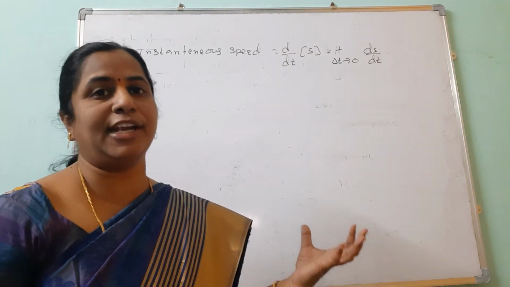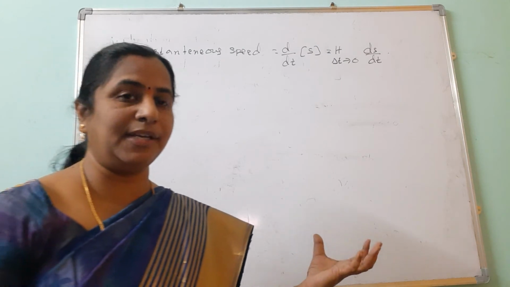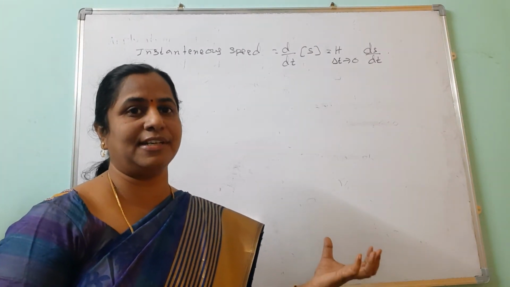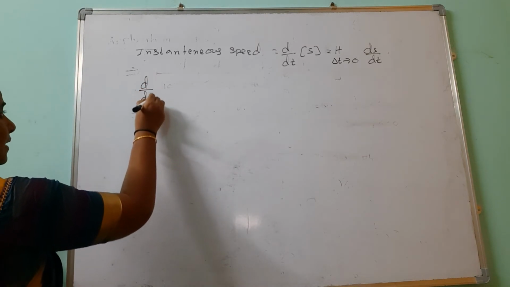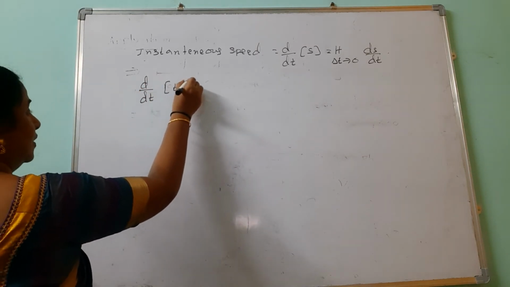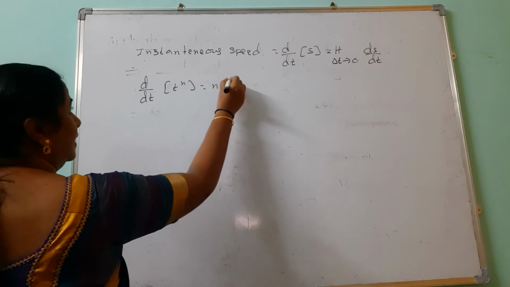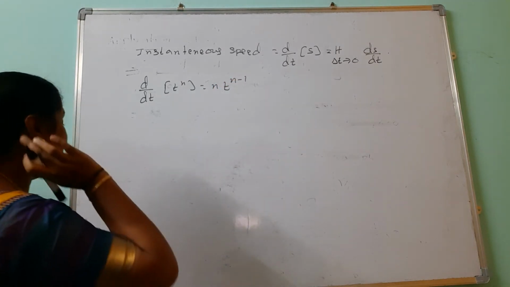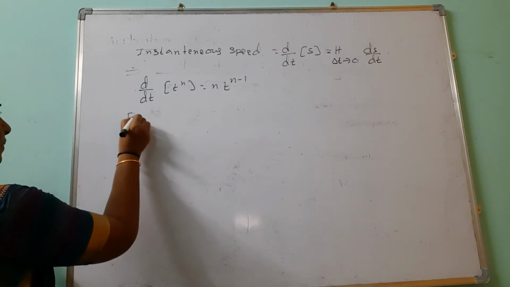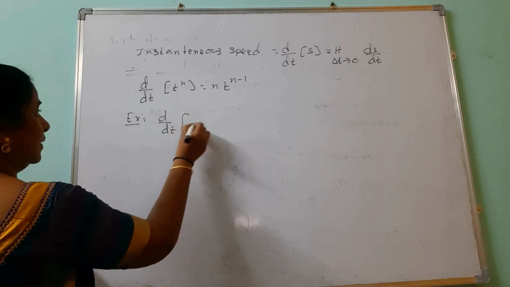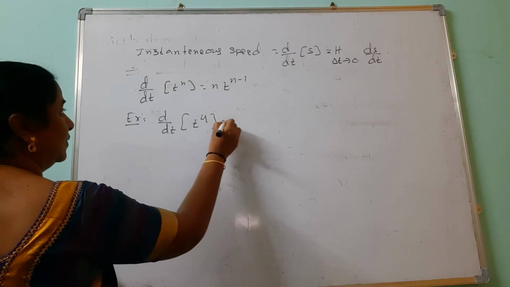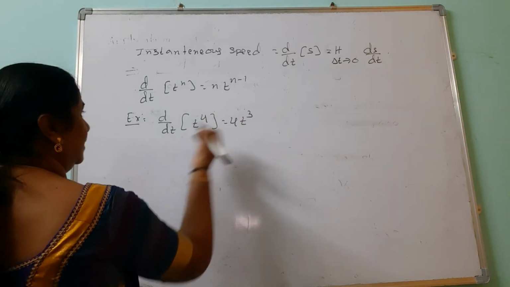But how to find this instantaneous speed? We have to learn some differentiation expressions. Look here. These are the basic formulas. d by dt of t to the power n equals n into t to the power n minus 1. Example, d by dt of t power 4, 4 into t cube you are getting.